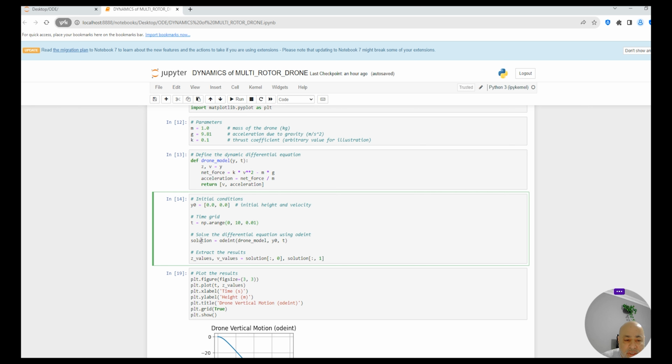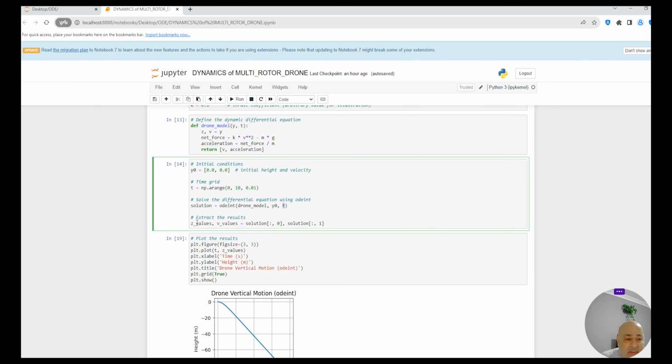Then I introduced the solution, and I called odeint to do the solution, and I passed to it the model, the initial values, which are the values for my velocity and height, and then the time array.